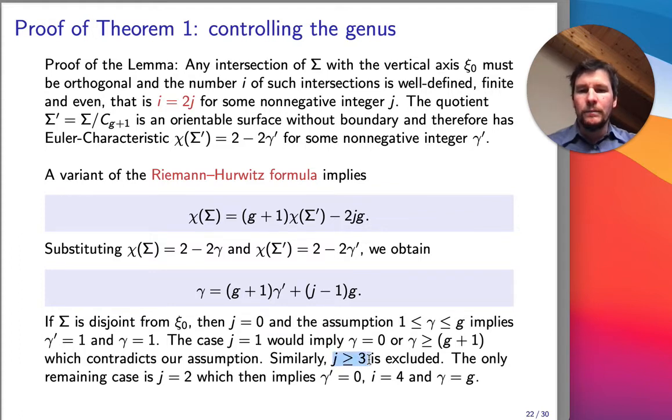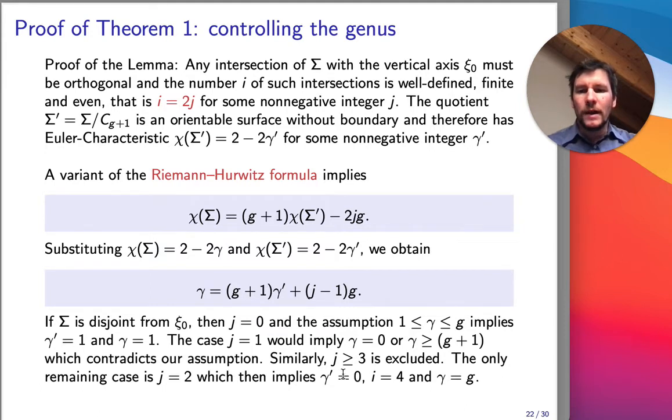If j is bigger or equal to 3, then we have a similar thing happening. Then here we have at least 2g, okay? And then again, the fact that gamma lies between 1 and g, we cannot solve this, okay?